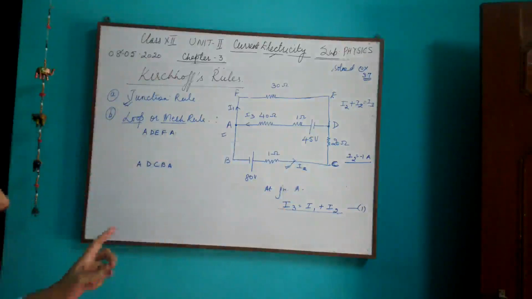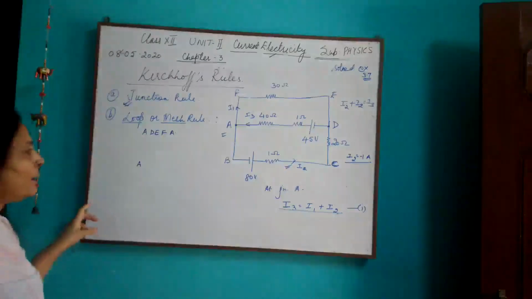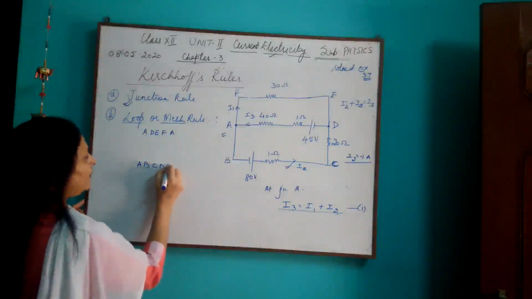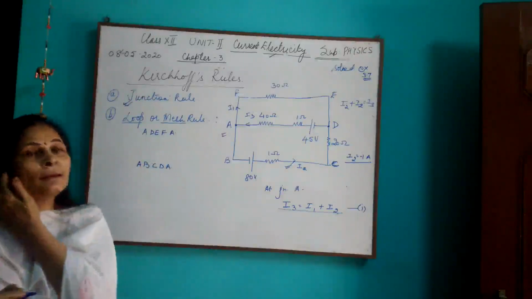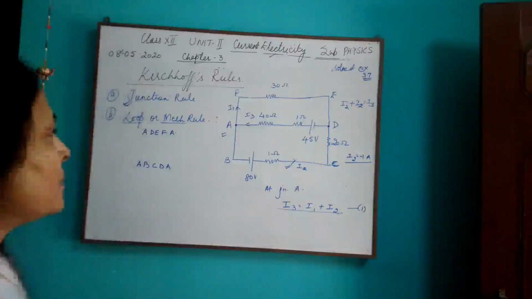You can also write A, B, C, D, A. It's the same thing. Either write it in this manner or in this manner. This is the second closed loop or second mesh.